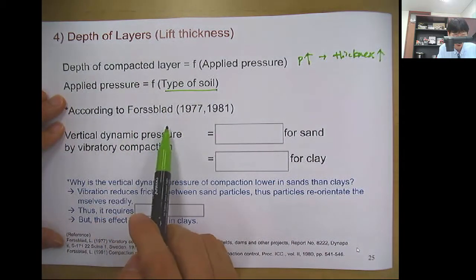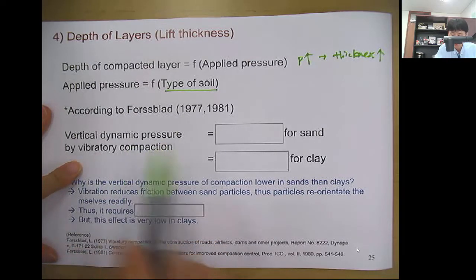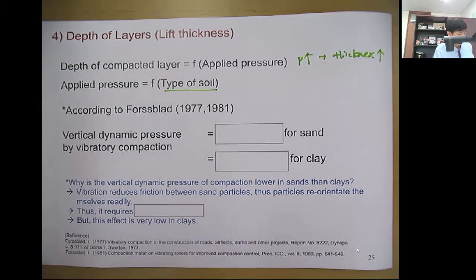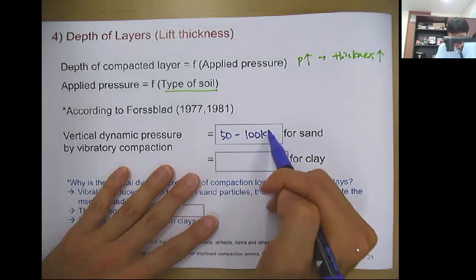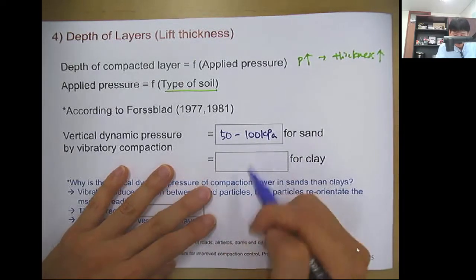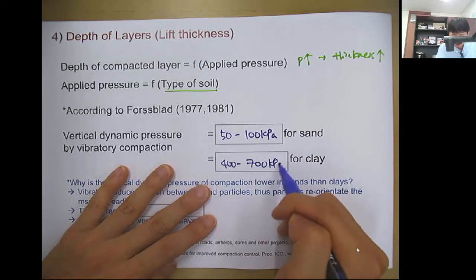According to a previous study, the vertical dynamic pressure by the vibratory compaction for the sand is about 50 to 100 kilopascal. And for the clay, it's about 400 to 700 kilopascal.